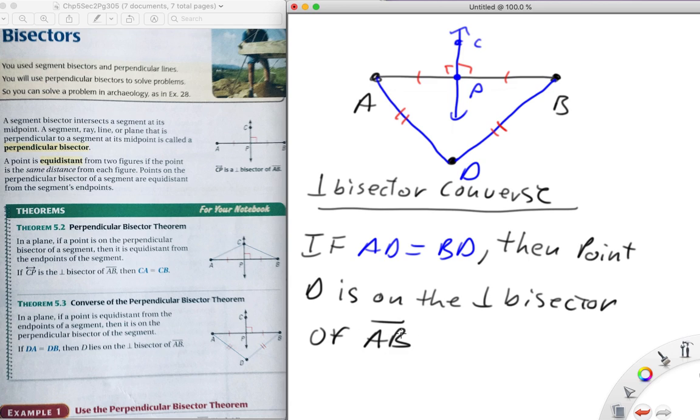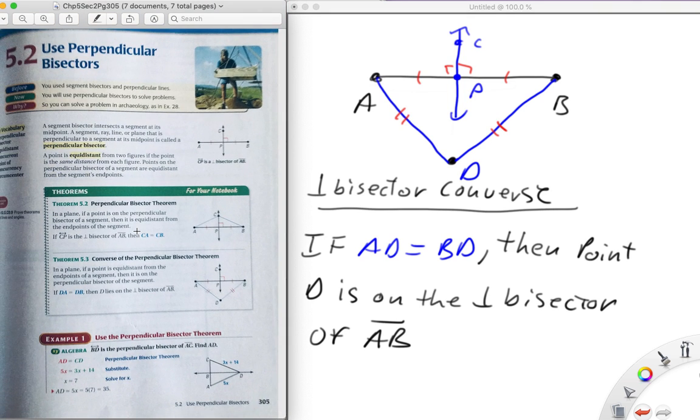Okay, so the reverse is true. If there is some point such that it's equidistant from both endpoints, then it lies on the line which is the perpendicular bisector of said segment.